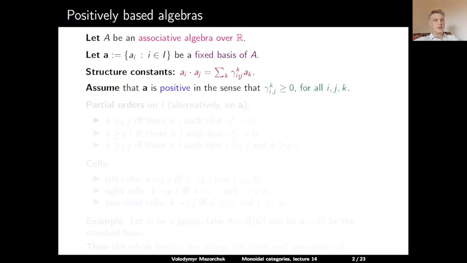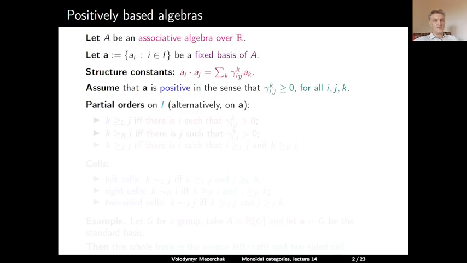We assume that our basis is positive in the sense that all structure constants are non-negative real numbers. In this case, we can define the following partial orders on the set indexing our basis.